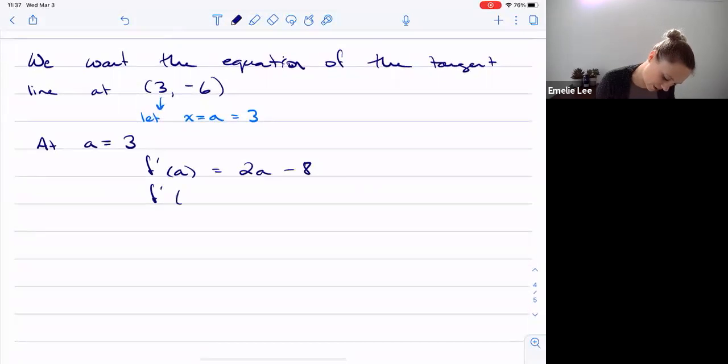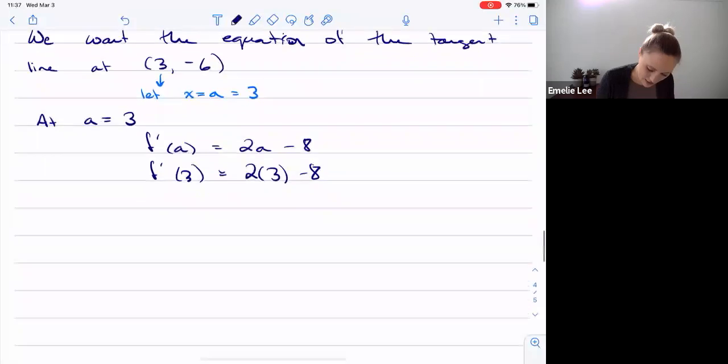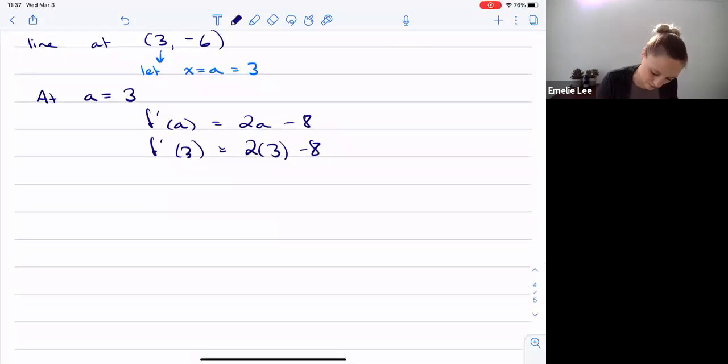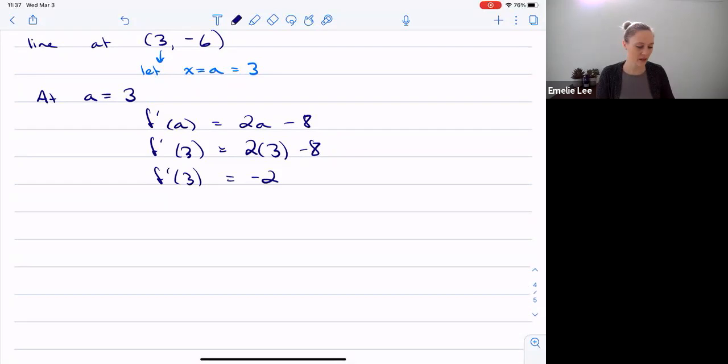So f prime of 3 is 2 times 3 minus 8, which is -2. So this is the slope of the tangent line. So I'm going to have a negative slope at x equals 3.